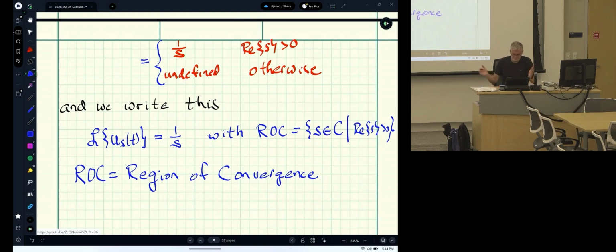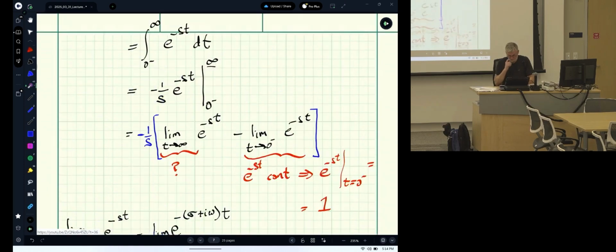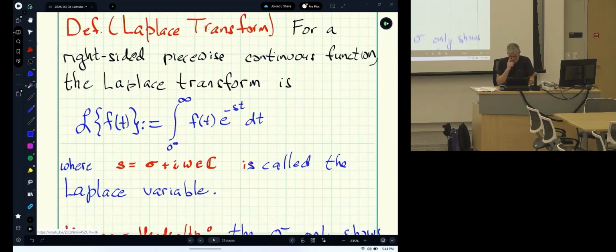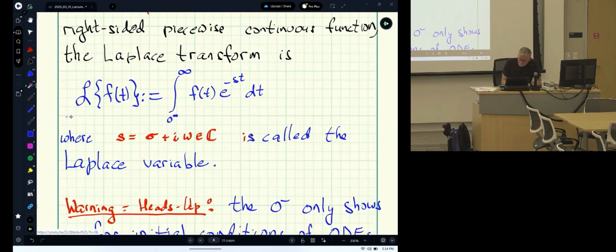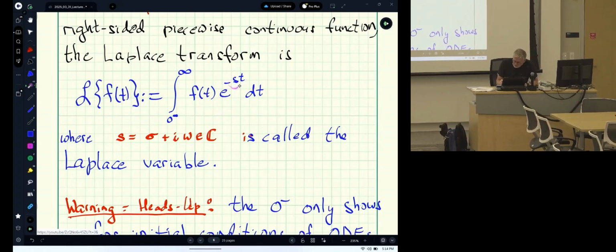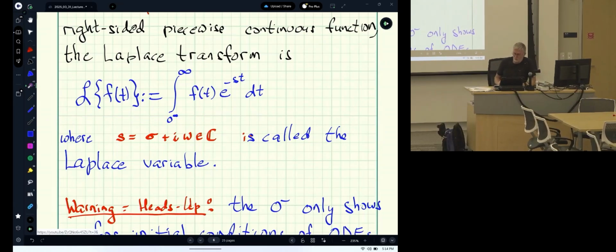Okay, so the Laplace transform of a function that's 0 and then 1 is just 1 over s. The Laplace transform is an improper integral, and this integral doesn't converge for all values of s.